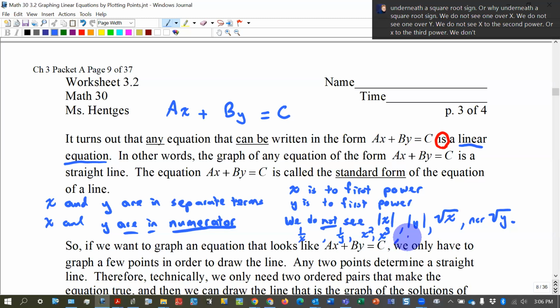We don't see y to the second power or y to the third power. We don't see X times Y anywhere. They're in separate terms.